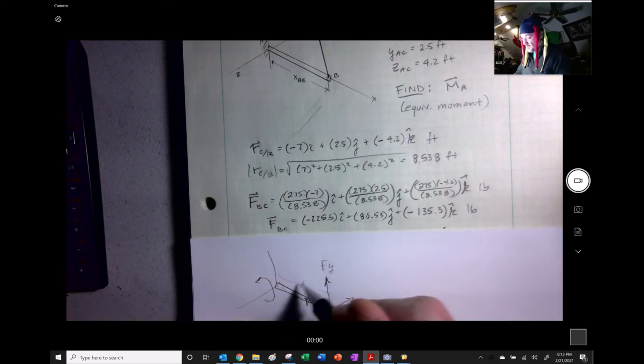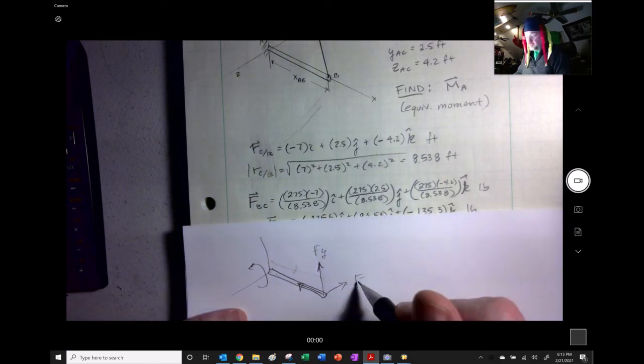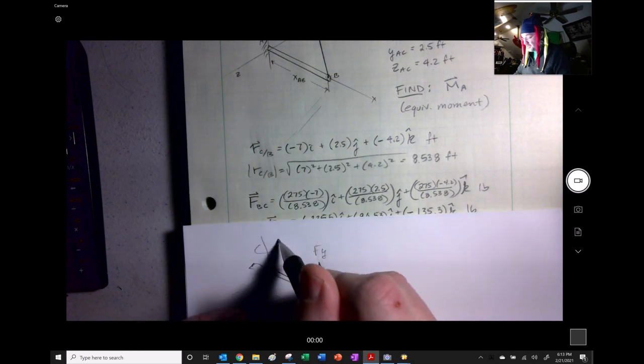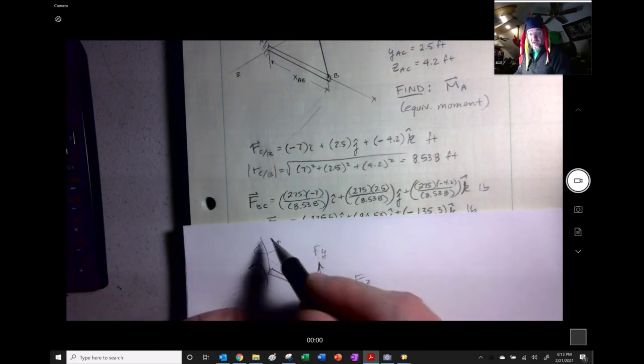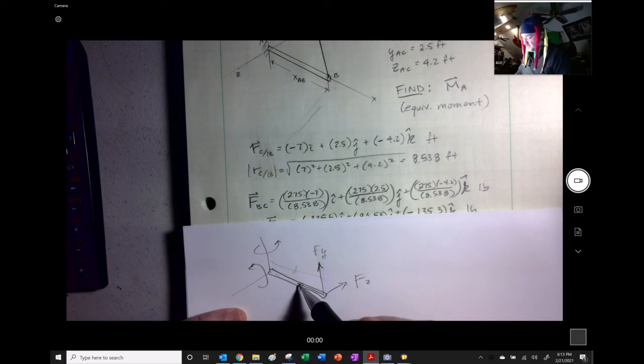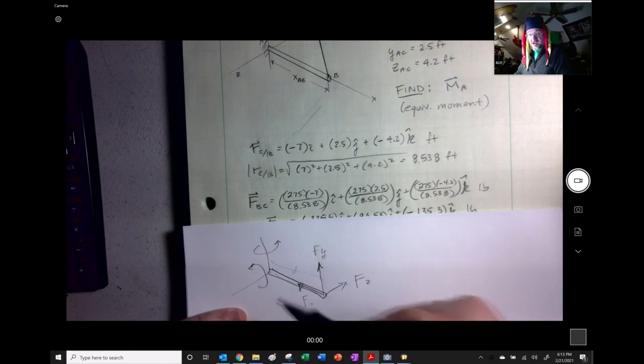And then we could find that this right here, which is the Fz, pointing in that direction, is going to end up causing a moment that's going about that axis right there, right? Because it's kind of going this way. So it too is going to be multiplied by this length. You see that this force right here, the Fx, doesn't cause a moment because it's going straight down the thing. It doesn't have a moment arm.